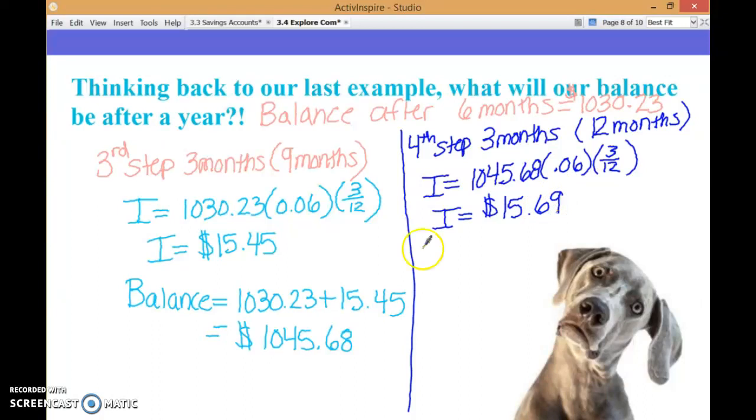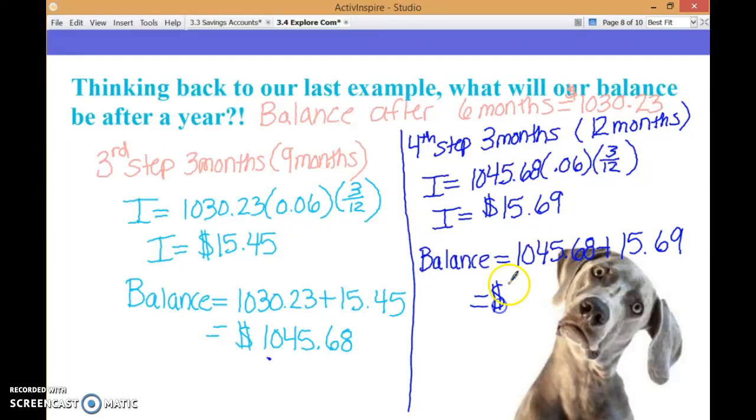So then my new balance, I'm going to take my previous amount from my 9 months, which was 1,045.68, plus my interest, $15.69. So my new balance is going to be $1,061.37.